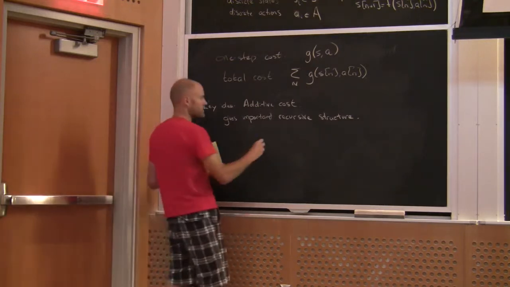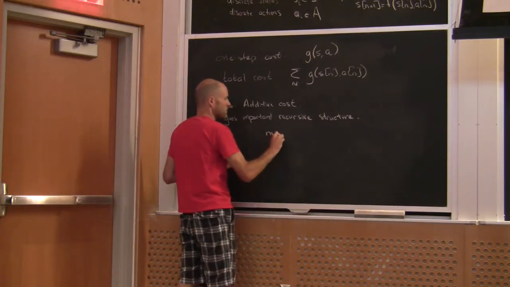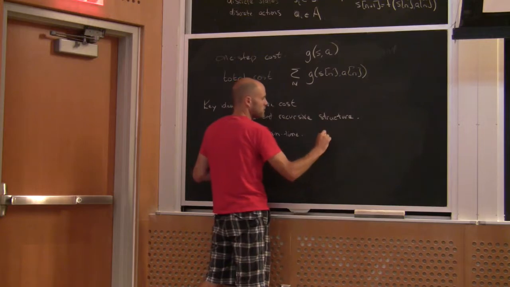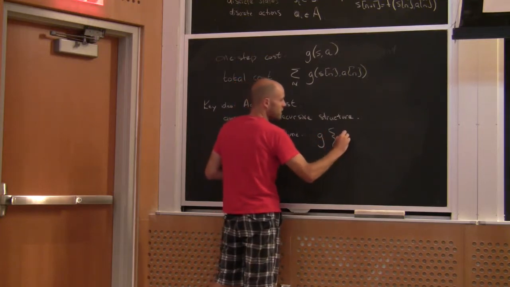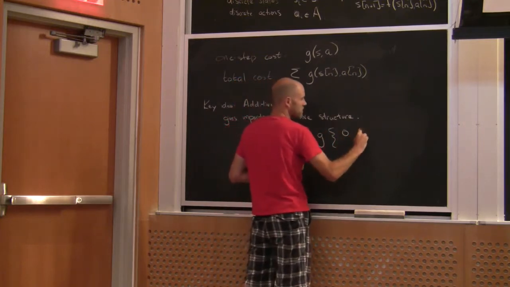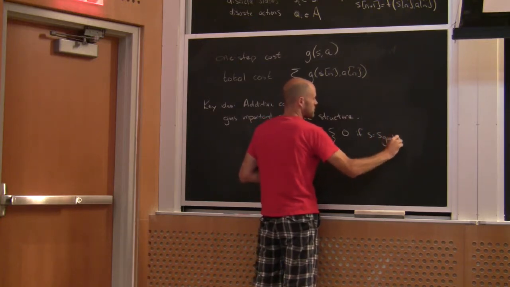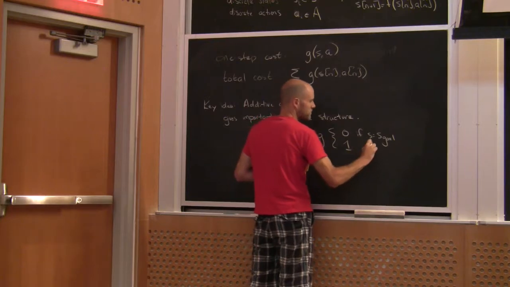Well, you can just say my cost function could be that G is 0 if I'm at the goal, and 1 otherwise, right?